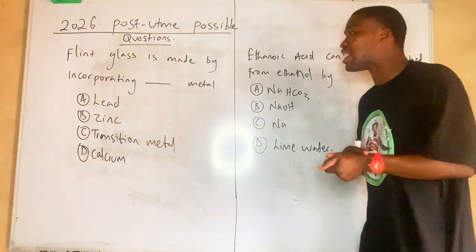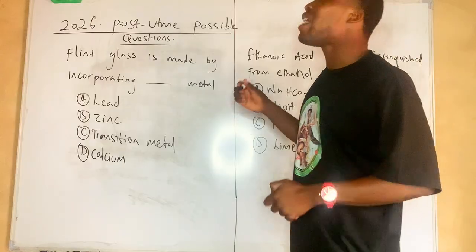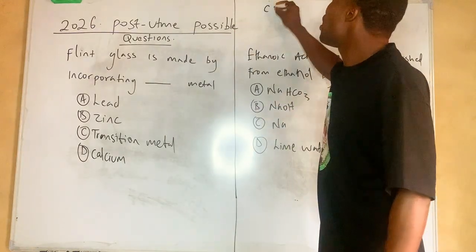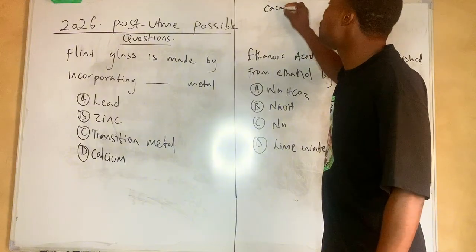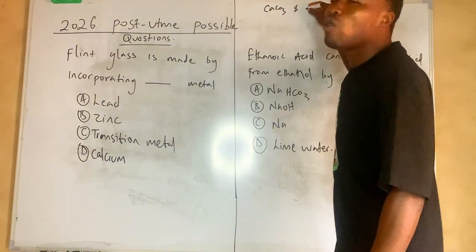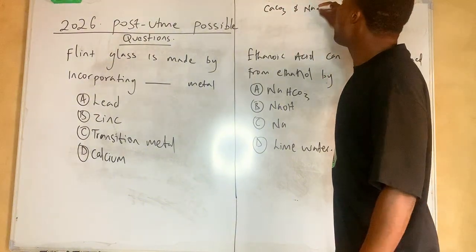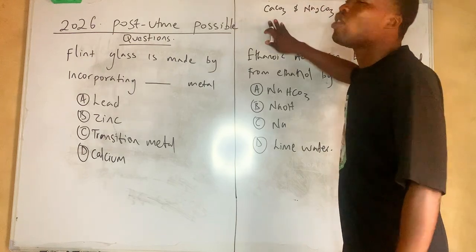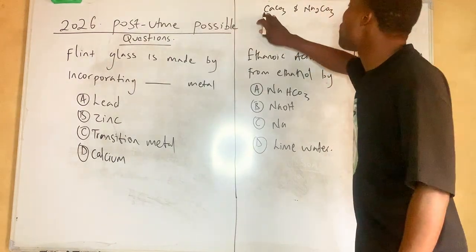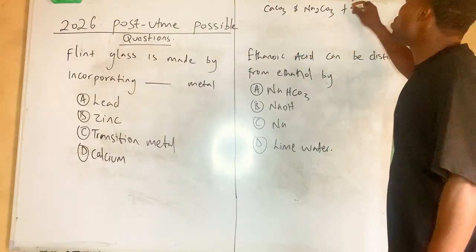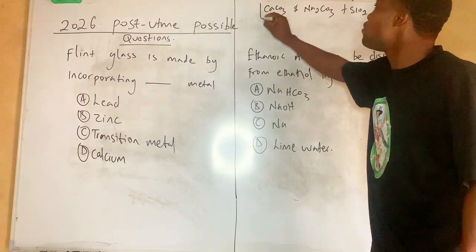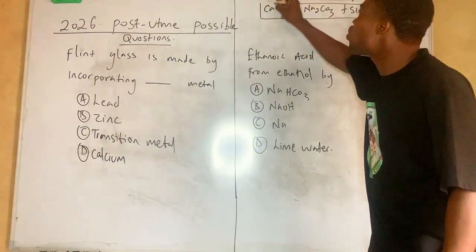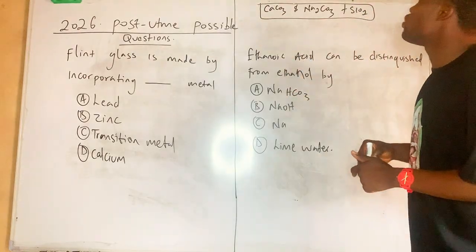First, ordinary glass is made by incorporating calcium carbonate, limestone, and washing soda. So the ordinary glass is called lime soda glass. If you incorporate limestone and washing soda into silicon oxide and heat to an appropriate temperature, the molten material you get is then cooled and solidified to get glass.